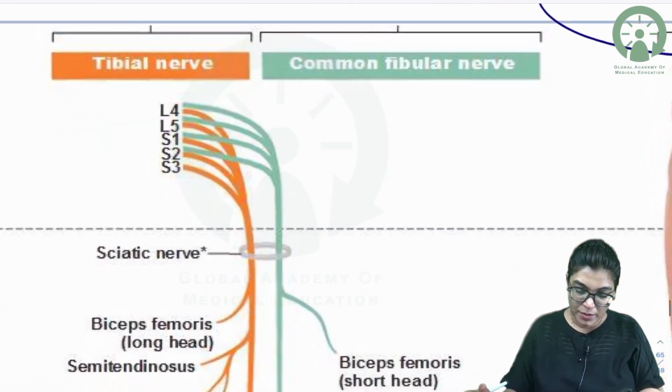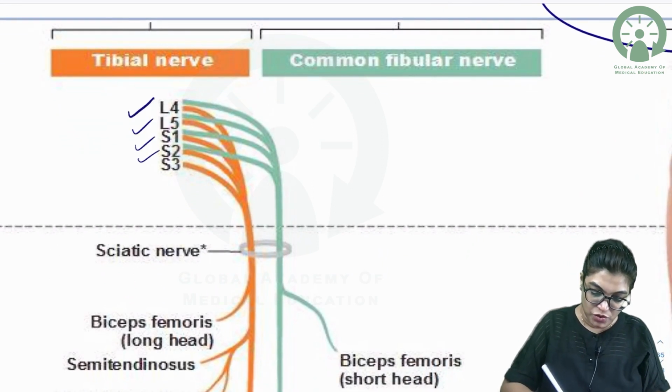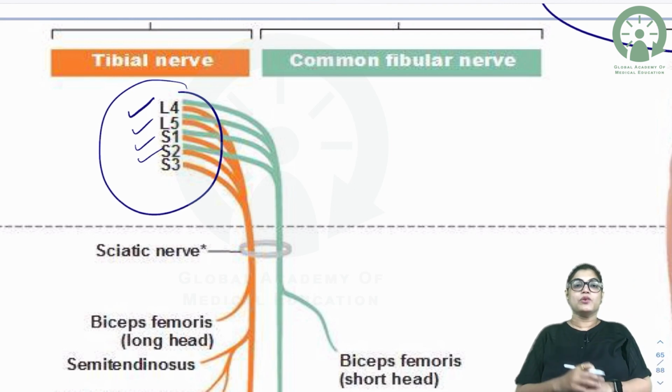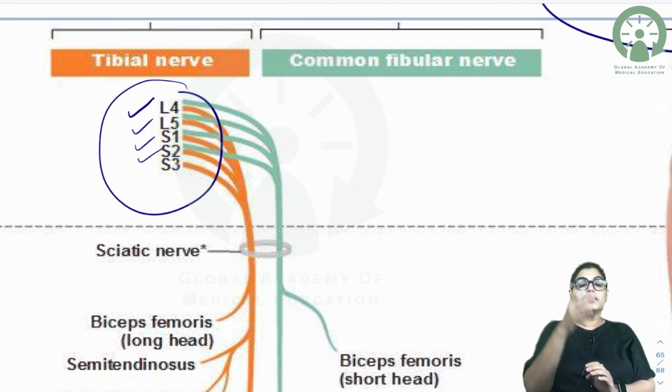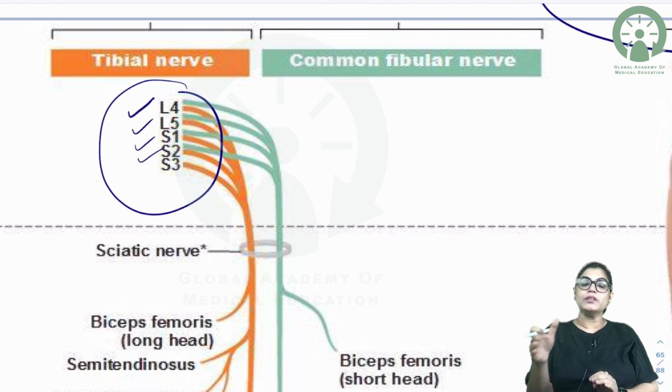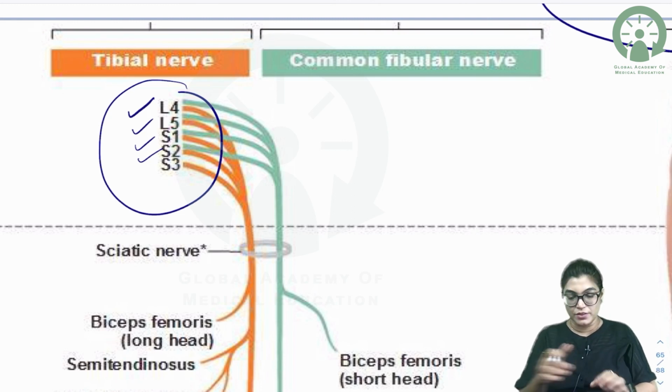See here, the common peroneal nerve is from L4, L5, S1 and S2. The tibial nerve has all the components L4, L5, S1, S2 and S3. The tibial nerve is from the anterior division, anterior rami of L4, L5, S1, S2, S3. The common peroneal is from the dorsal division, ventral rami of L4, L5, S1 and S2.